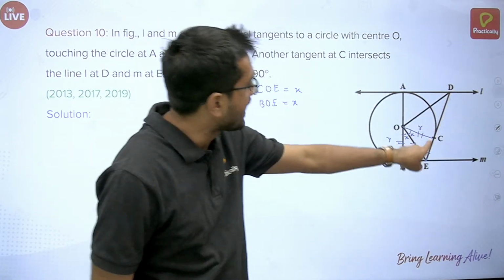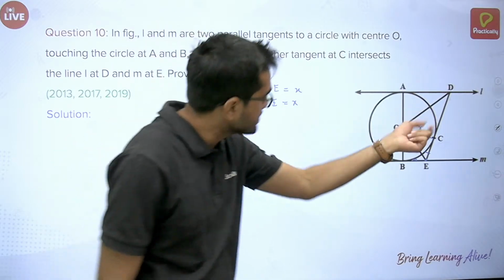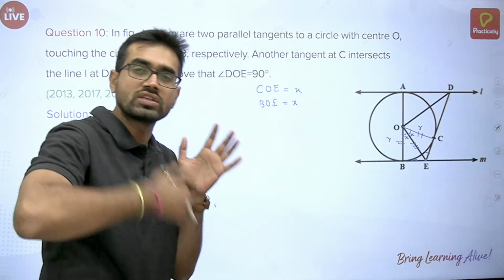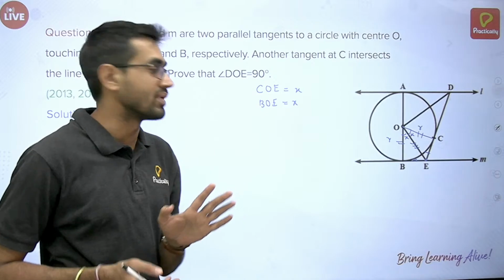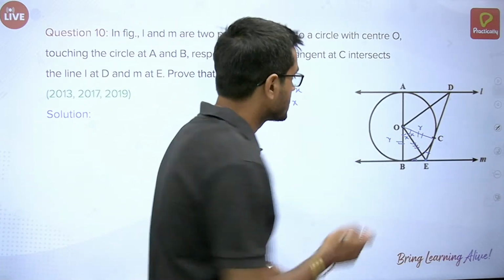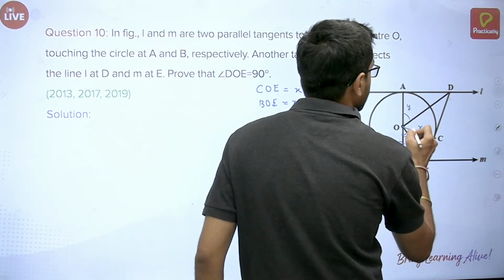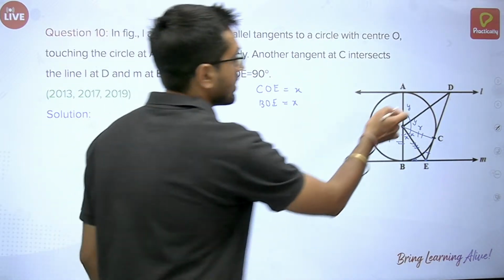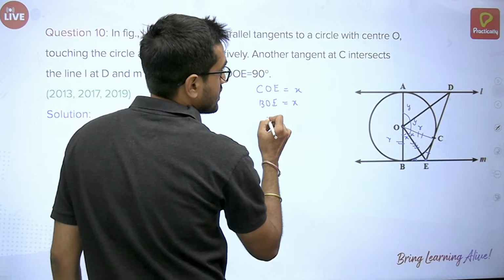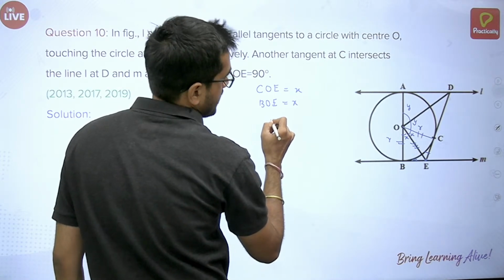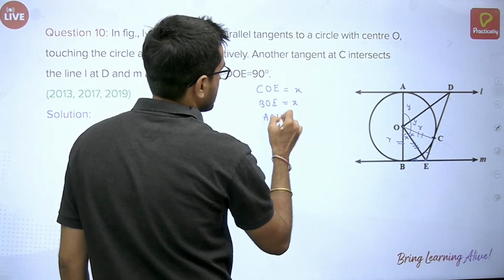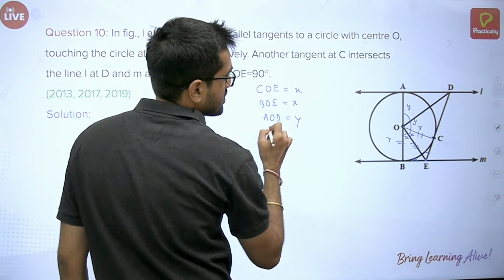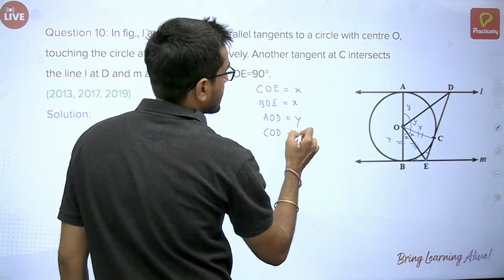Similarly, DC and DA are the tangents, and hence, क्योंकि अभी you just followed the similar approach. This is accepted by CBSE. If you have already followed the similar approach, you can go ahead and say these two angles will become equal, क्योंकि these two triangles will be congruent by SSS only. So angle AOD is equal to Y, and COD is equal to angle Y.